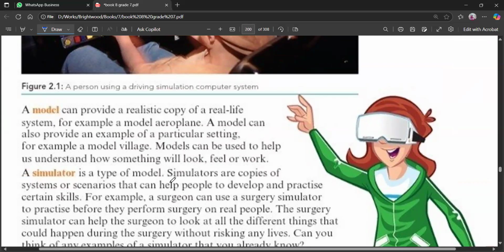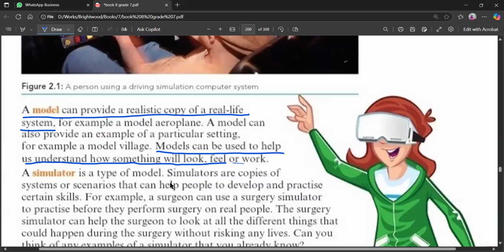So a model can provide a realistic copy of a real-life system. A model can be used to help us understand how something will look, feel, or work.